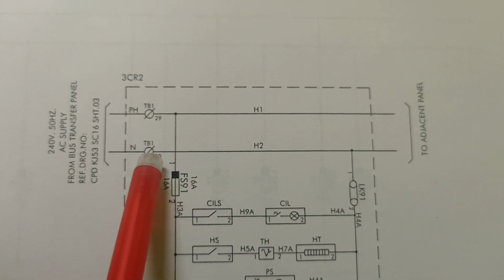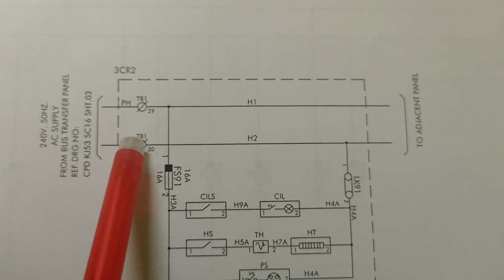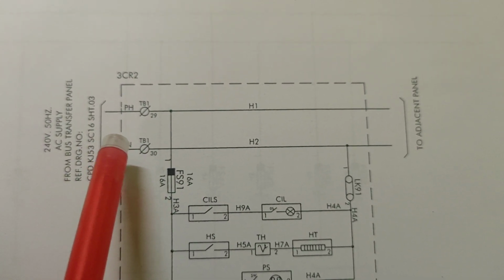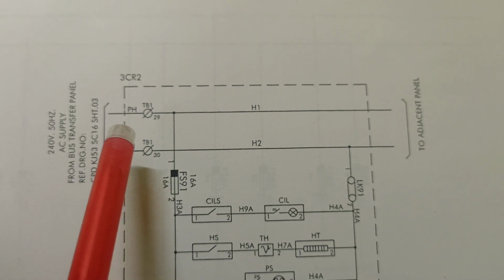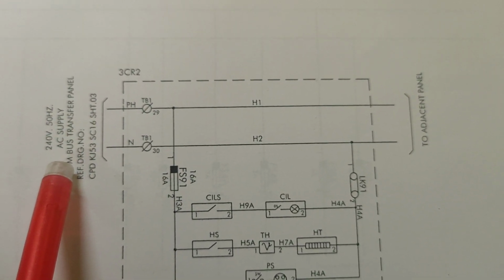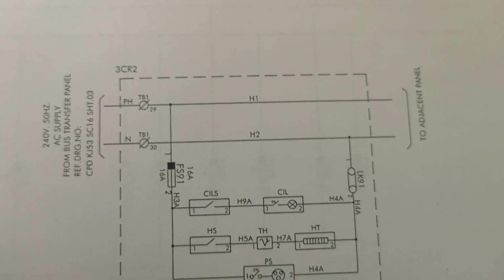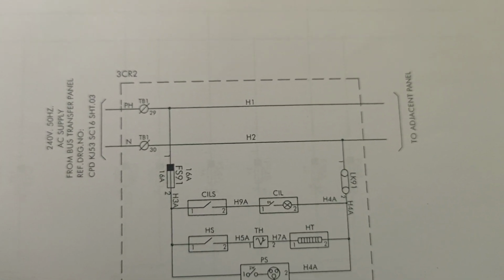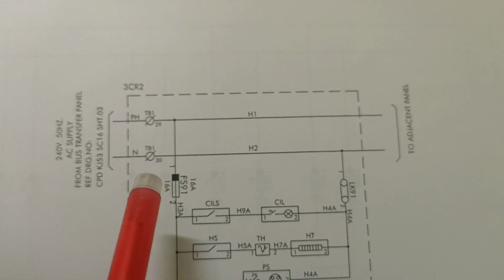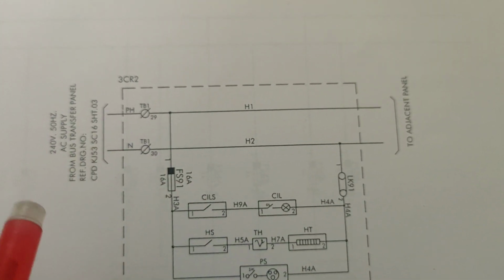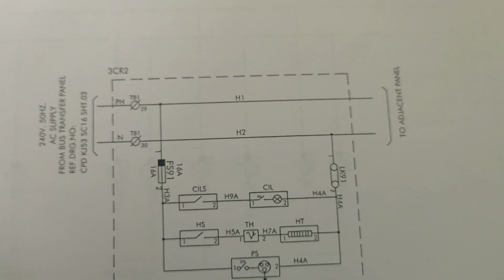First of all, we are connecting the 3-phase AC from ACDB to the CR panel transfer bus section, and from the transfer bus sections we are wiring the AC bus and DC bus separately.